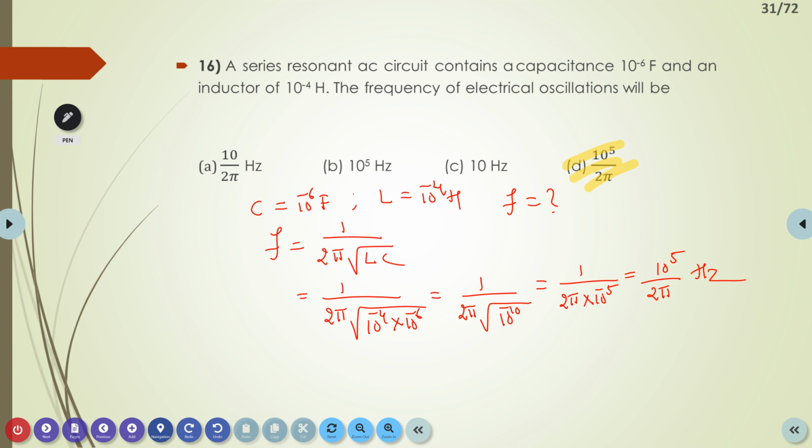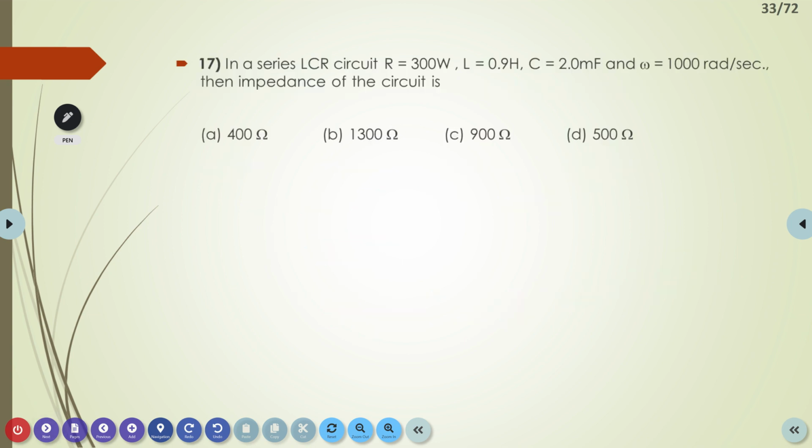Somewhat the easiest problem it is. In a series LCR circuit, R is given, L is given, C is given, and omega is there. What is the value of R?